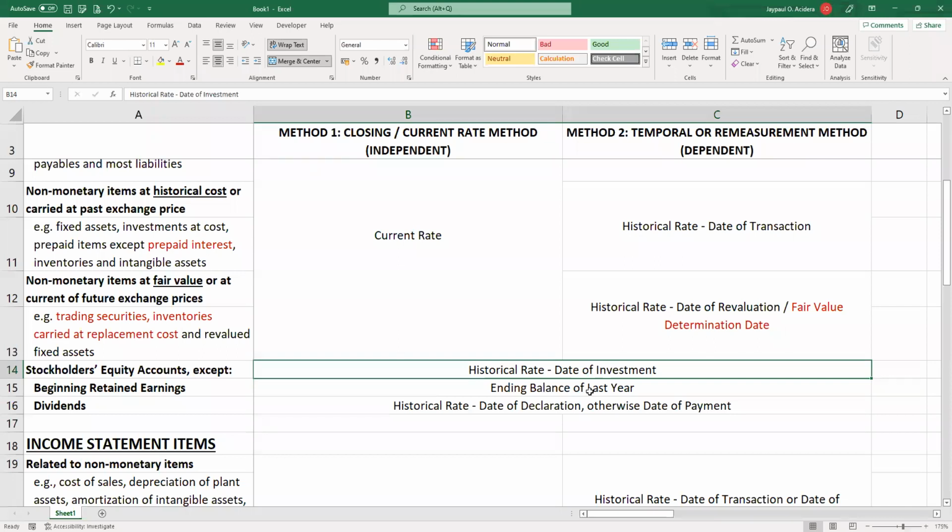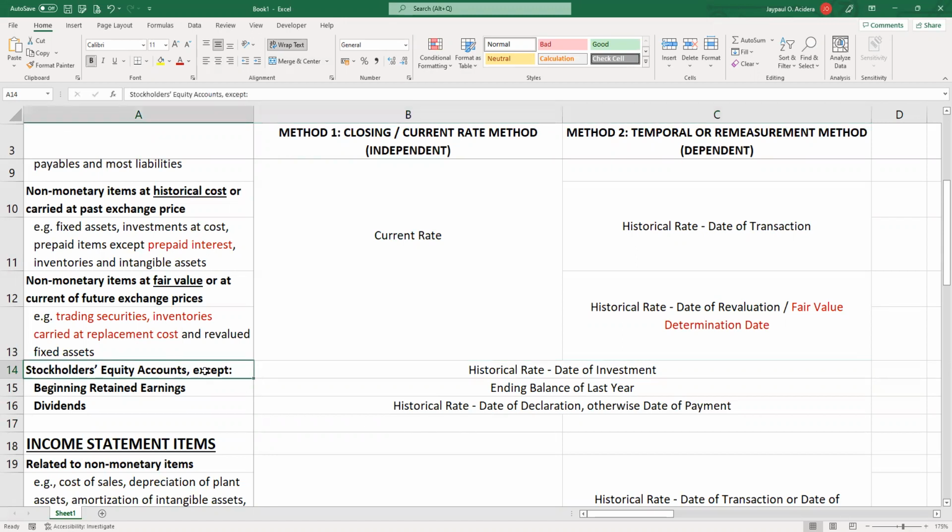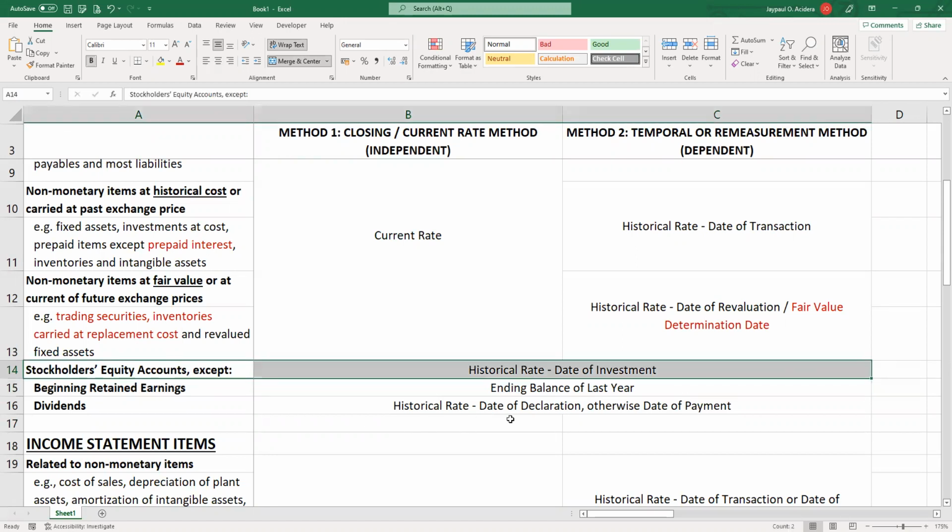Okay? So kung mapapansin nyo class, it covers method 1 and method 2. Ibig sabihin nun, either of the two methods, pagdating sa majority ng equity accounts, we use the historical rate, which is on the date of investment. Okay, pareho sila in this case.